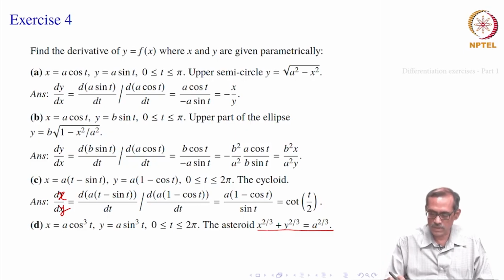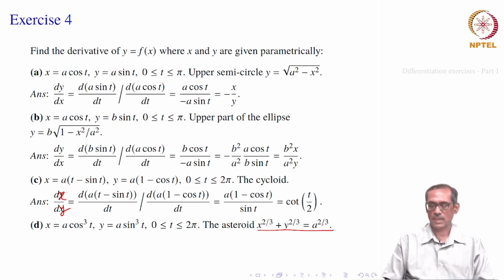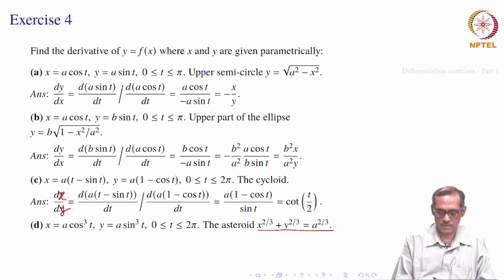To verify, you can just substitute. So, x is a cosine cubed t, and that to the power 1 by 3 gives a to the power 1 by 3 into cos t. So, it is a to the power 2 by 3 cos square t. The next one will be a to the power 2 by 3 sin square t. That would simplify to a to the power 2 by 3. That is how you eliminate t.